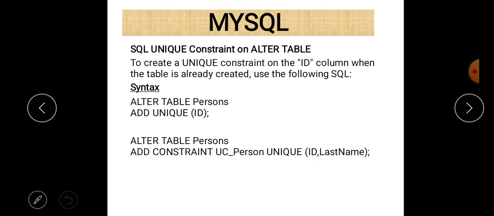Then the unique constraint. We just write alter table persons add unique, and there is another method. We can also give the name of the constraint, and the name of the constraint is given just after the add constraint keywords.